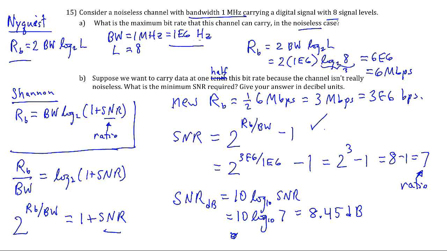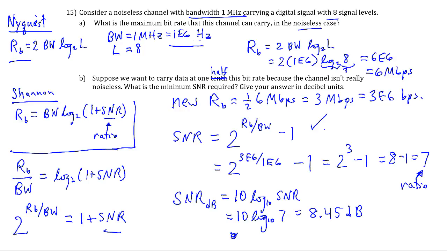And so this problem combines both the case of the noisy and the noiseless channel, and it's actually a fairly realistic thing to take the theoretical Nyquist rate based on the number of levels, and then take some fraction of that Nyquist rate and say, okay, realistically we're going to have noise, and we're not going to hit the full Nyquist rate due to signal to noise ratio limitations, and we're going to then use the Shannon equation to figure out what the SNR needs to be.